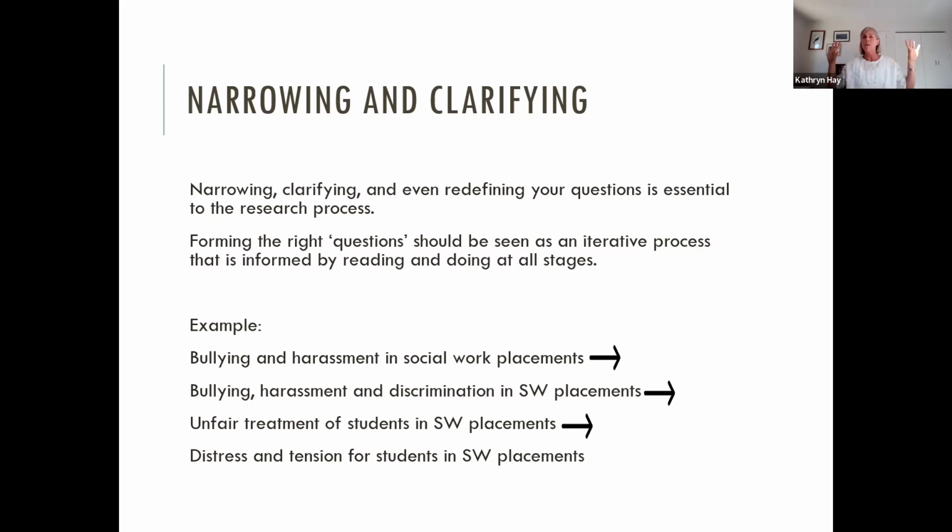And we've decided to keep it broad so that students can actually tell us maybe some of the experiences that they've had that have created distress and tension, rather than us kind of narrowing it too much by focusing, for example, on bullying and harassment. So the literature really helped us think a bit more around the terminology that we were using, and also the parameters of our research as well.